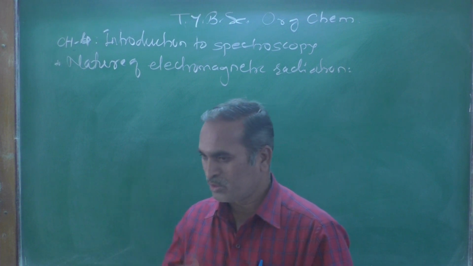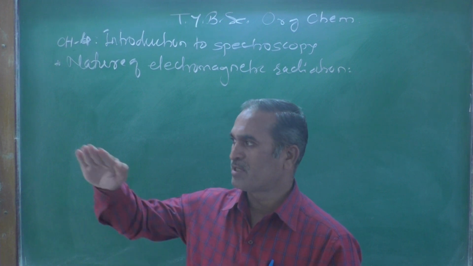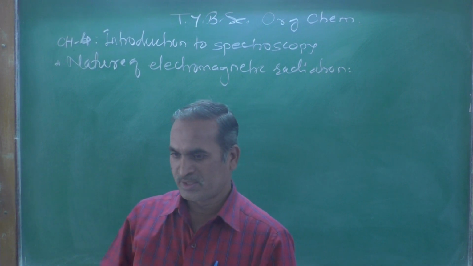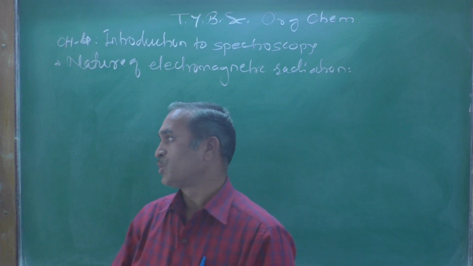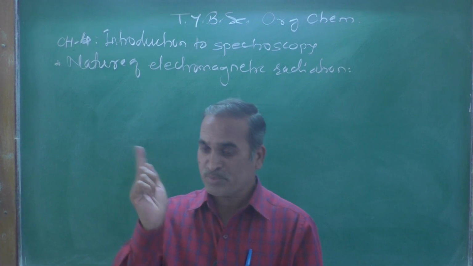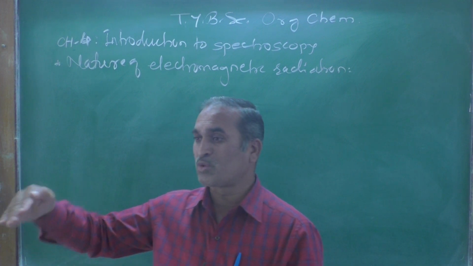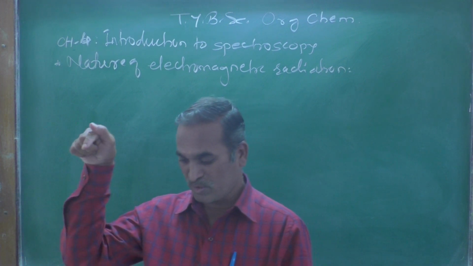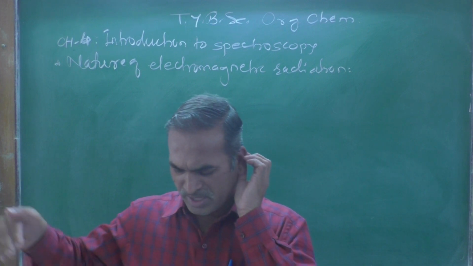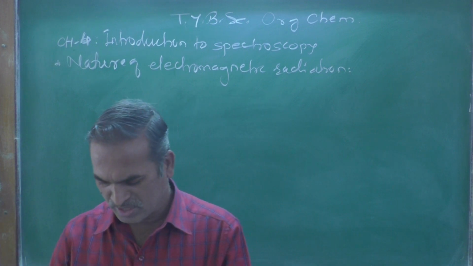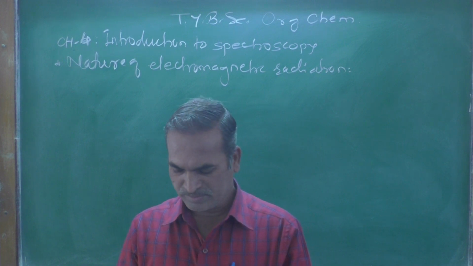If you throw one stone into it, such waves are generated on the water level. Those waves propagate in all directions from the origin where we throw the stone. So this is one example of a wave.